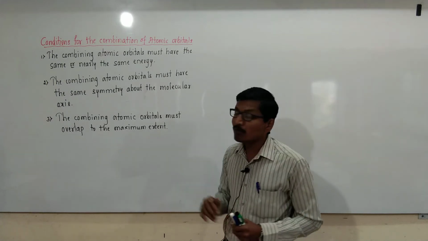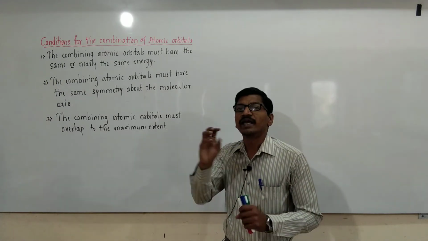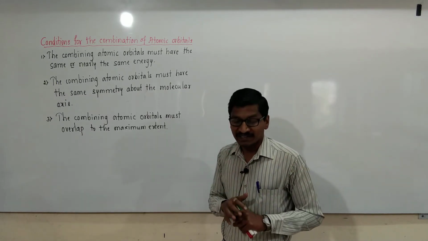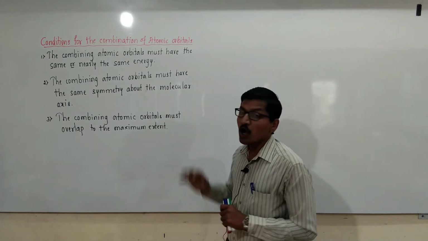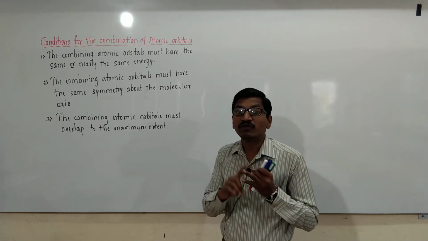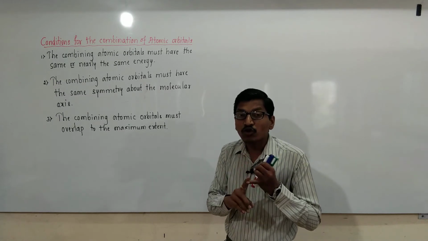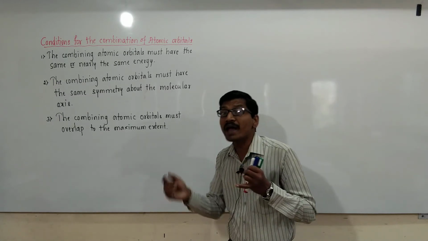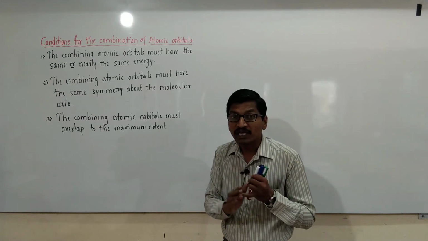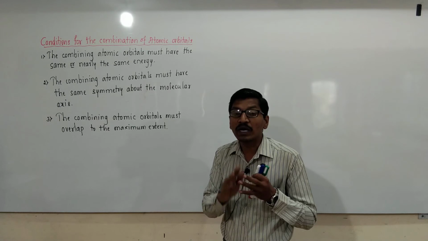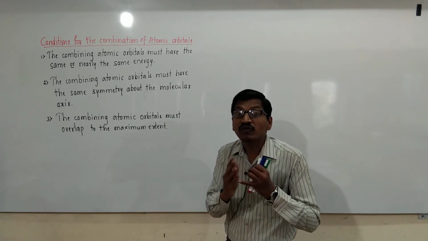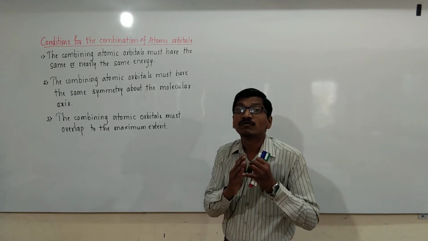Then same symmetry about the molecular axis means s orbitals are spherically symmetrical about all axes, but p orbitals are directional, that is px, py, pz. The px atomic orbital of one atom combines or overlaps with the px atomic orbital of another atom. px-px overlapping, py-py overlapping, pz-pz overlapping, but px-py overlapping is forbidden.